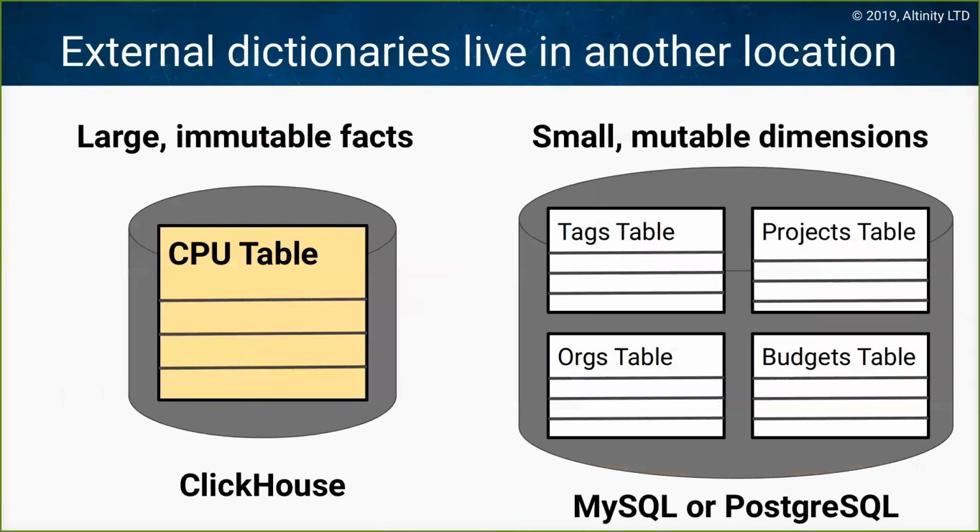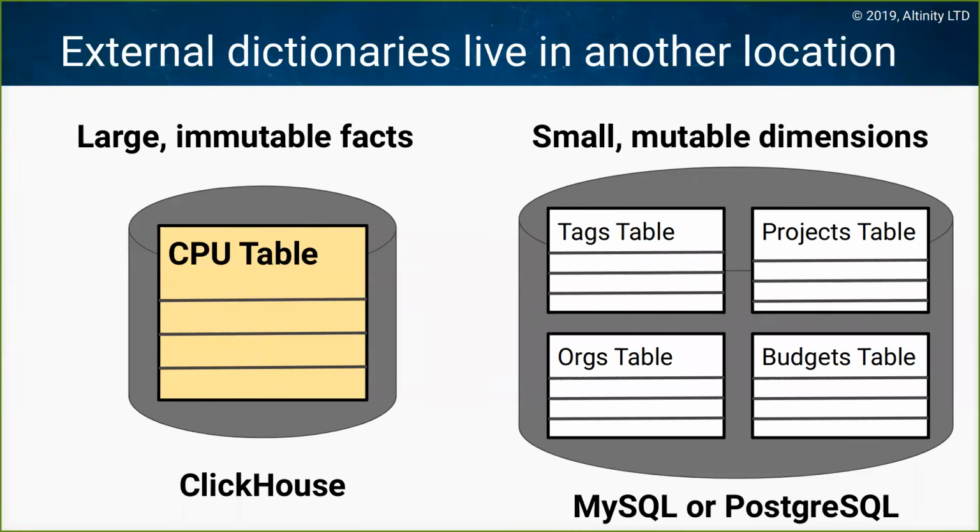And one thing that's actually pretty important here is, if you were looking carefully at the XML, you'll see that I actually had it stored in MySQL, and that's a very common pattern with dictionaries, because these dictionaries are mutable. You can put them in ClickHouse, of course, but you'll end up having to do mutations on them and maintain them.